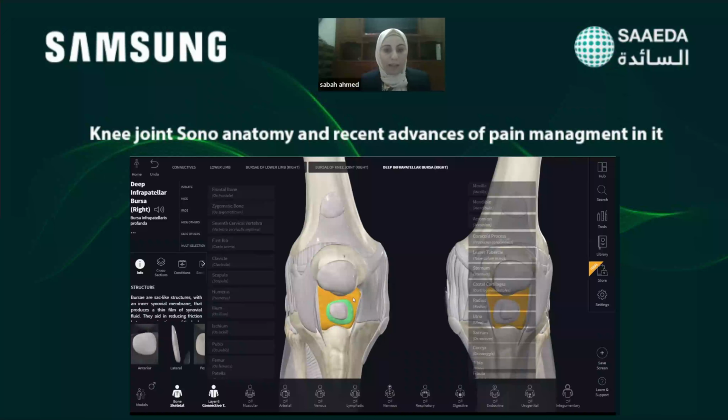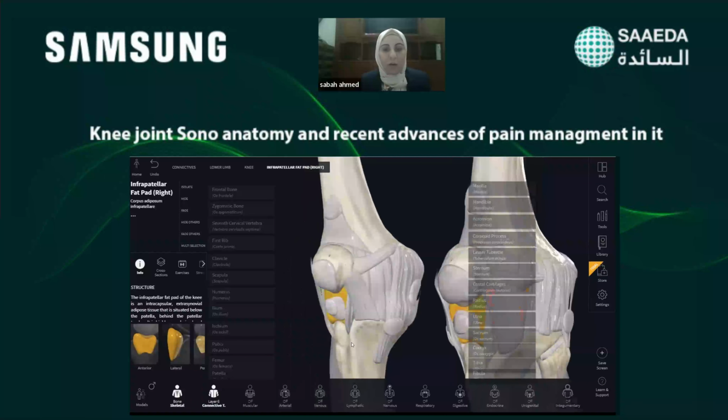Beneath them there is a fat structure. In the suprapatellar part it is homogeneous, while in the infrapatellar part this fat is heterogeneous. This is called Hoffa's fat pad. This is regarding the anterior part.